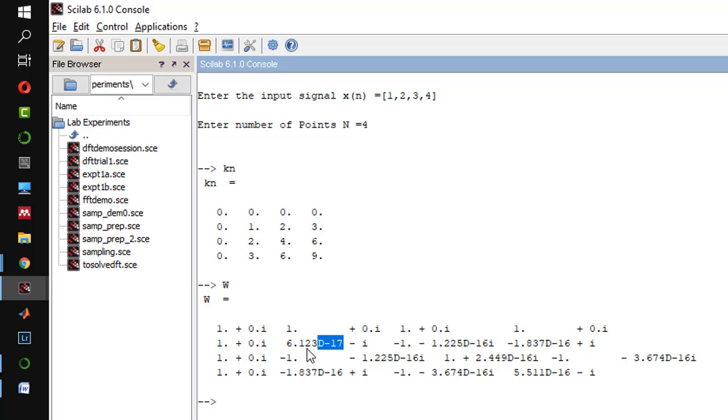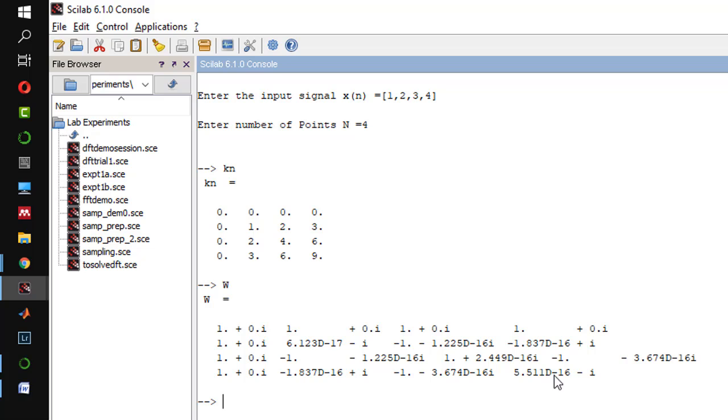This is how we read it. This is basically 0 only. So this is nothing but 0. Fine. And this is minus i. If you remember the 4-point DFT matrix, the first row is everywhere 1, and the first column is everywhere 1.